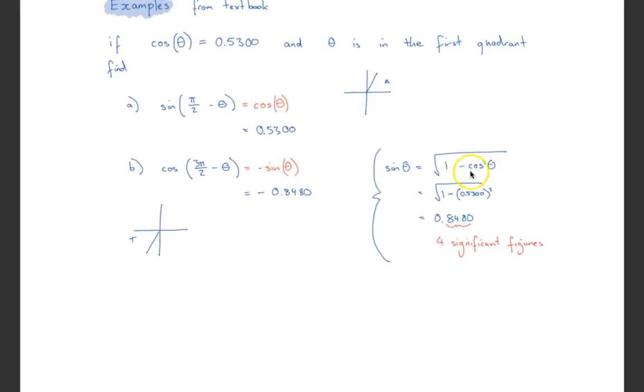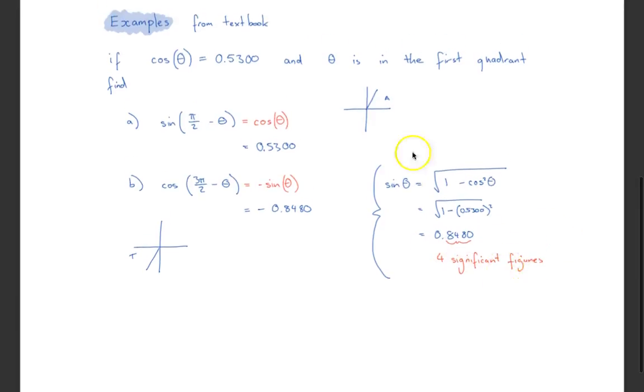We know what cos squared of theta is because we're given it in the question originally. We just place that value in, evaluate it on your CAS, and you should find that sine of theta equals 0.8480. Note that I'm sticking to 4 significant figures because we're given 4 significant figures in the question. So if sine of theta equals 0.8480, then negative sine of theta must be negative 0.8480.